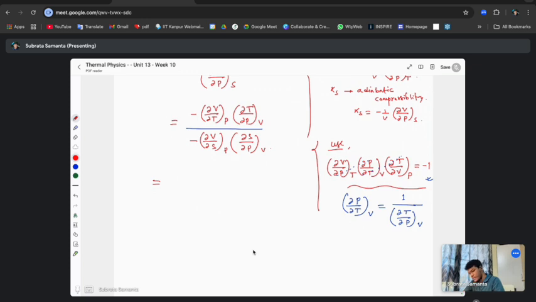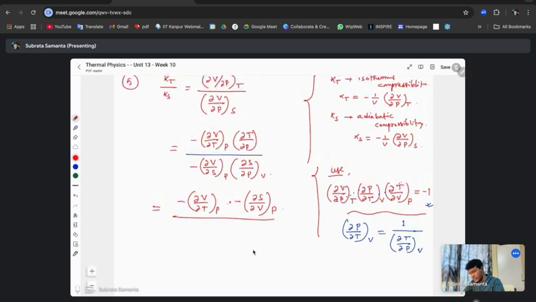First, del V del T at constant P: here the constant is V, so I have to change to constant P. So this is basically minus del S del V at constant P. Similarly, this is basically del T del P at constant P.